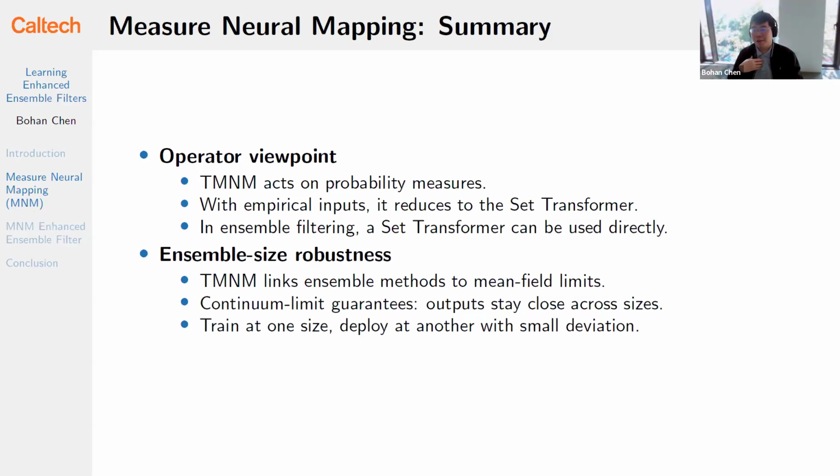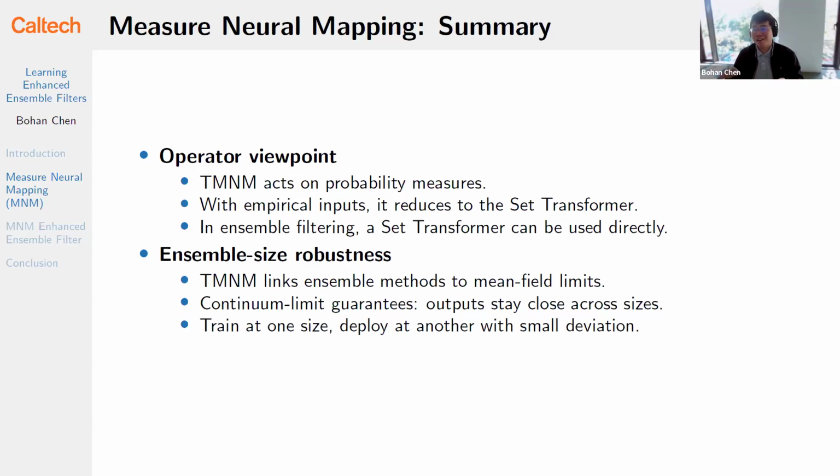Because of our theorem, we can link the ensemble methods to their mean field limits by the convergence theorem of the Transformer Measure Neural Mapping. And we have some guarantee that the output stays close when we change the ensemble sizes. That has some practical advantage: we can train at one ensemble size and deploy at other ensemble sizes.